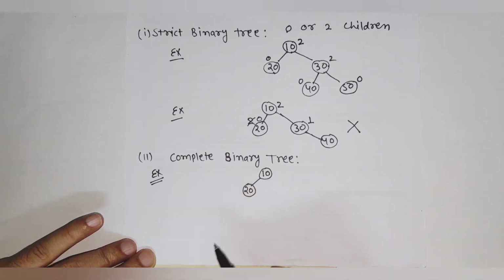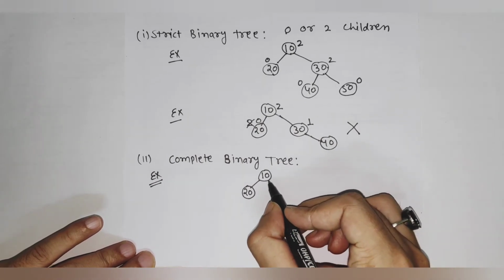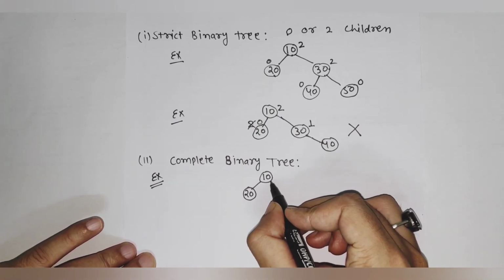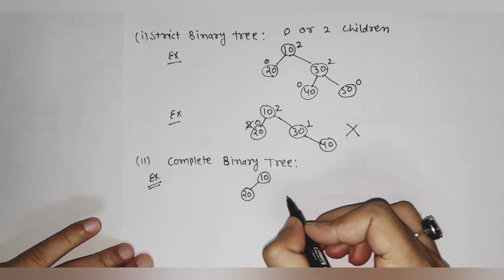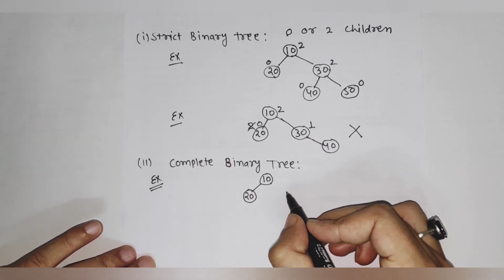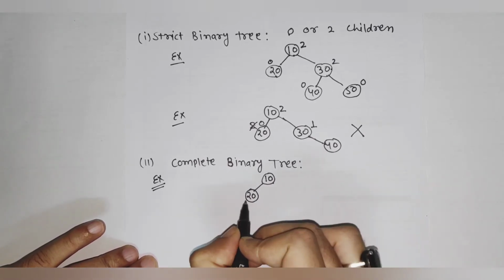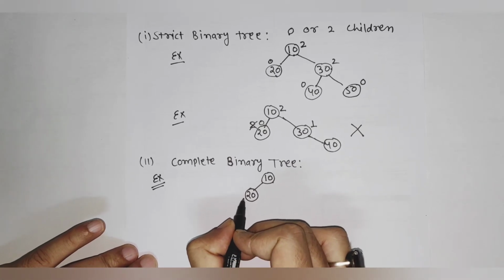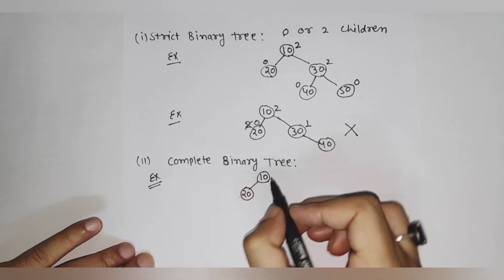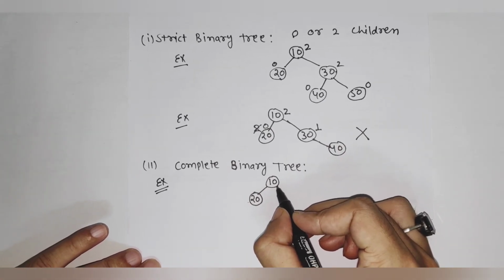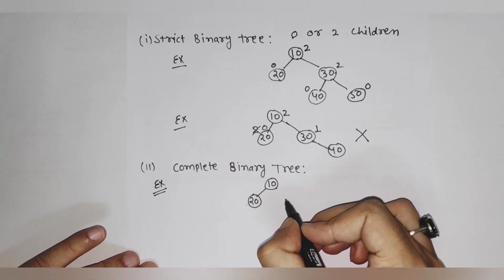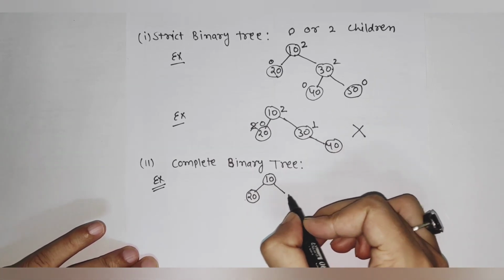If I want to add one more node, I will add it to the right of 10. I cannot add the new node to the left of 20 because there is an option available in the current level only. So I will add the node at this place.